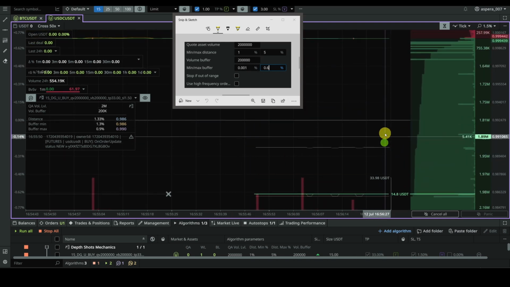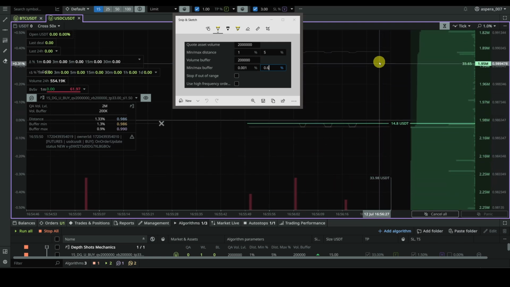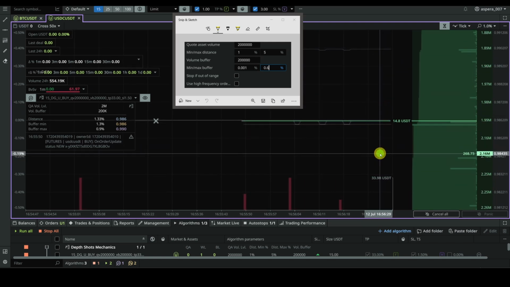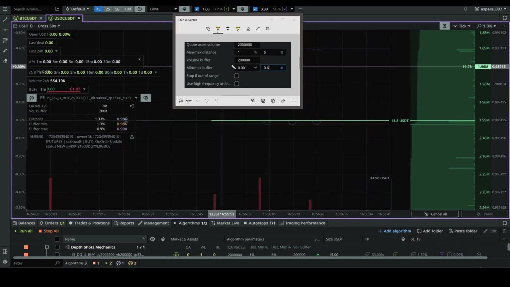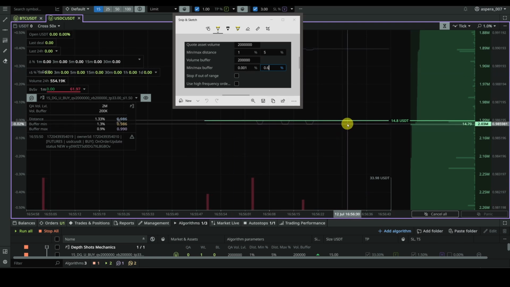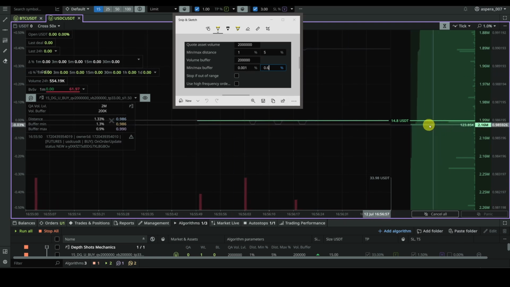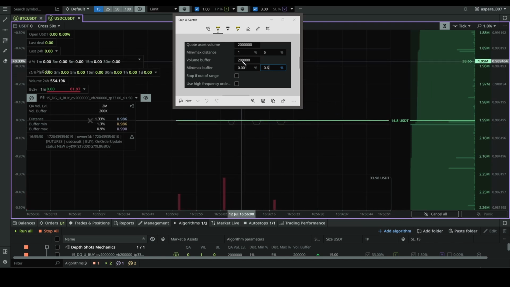Now for the lower one right here, it's very close to the order. Somewhere at around 0.02. It's not super close, and within this wall, we've got our 2.1 that we're looking for based on that buffer.